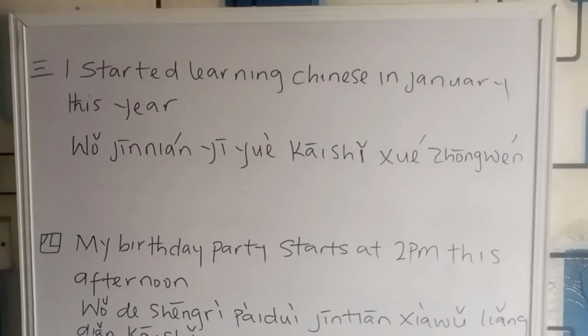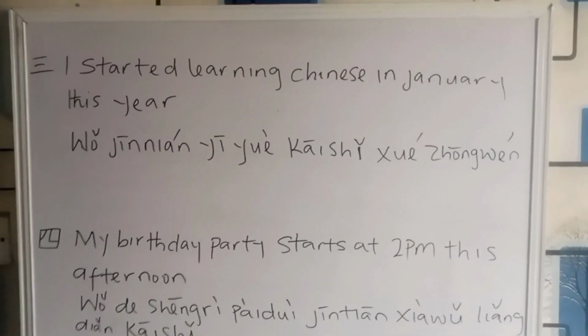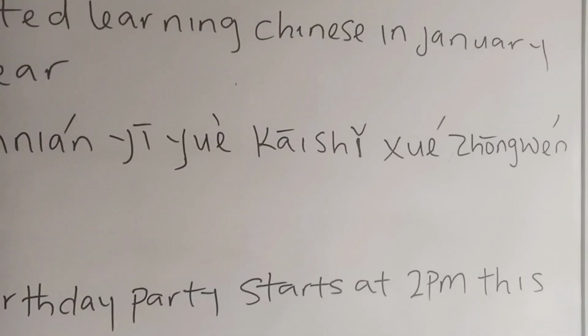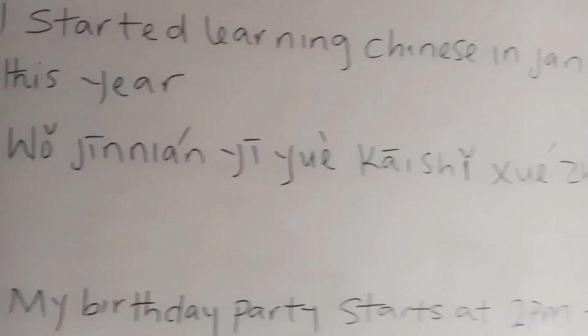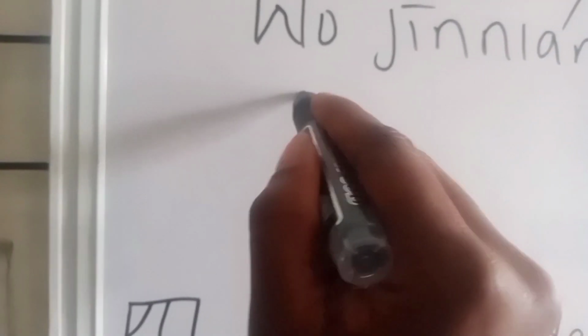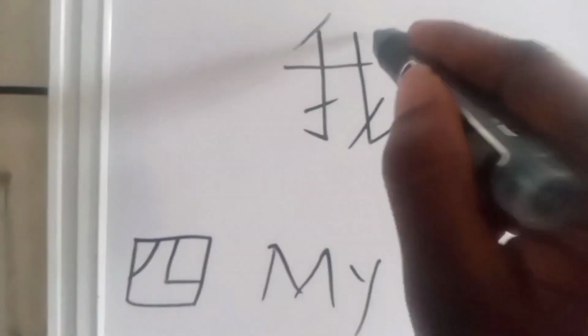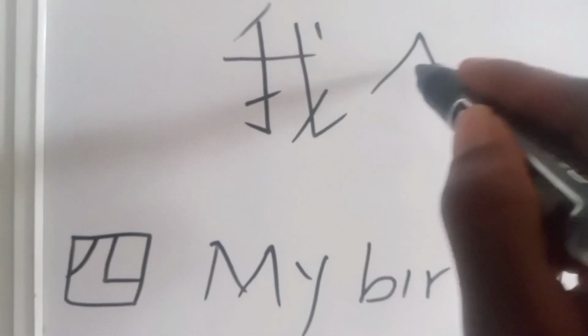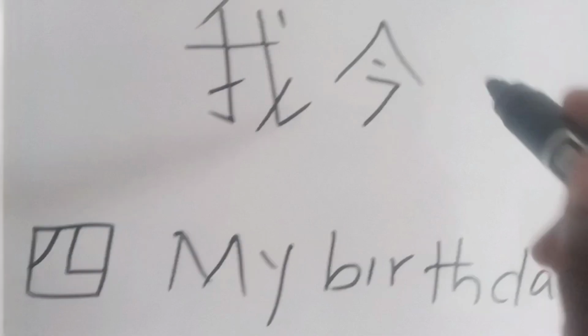So we will write these characters before we call it a day. 我今年1月开始学中文. I started learning Chinese in January this year. I am actually speaking for my students. They started learning Chinese in January this year. So I'm going to be fast with these characters because we have written them many times.